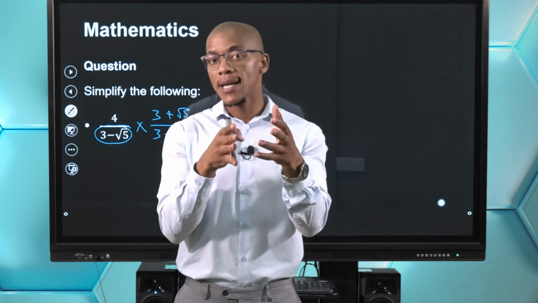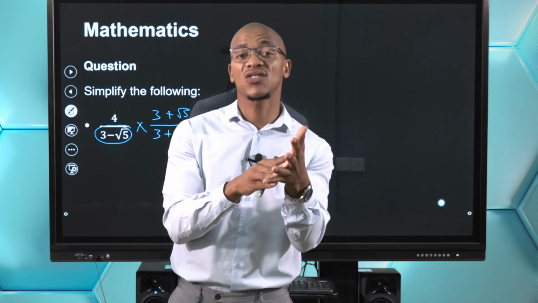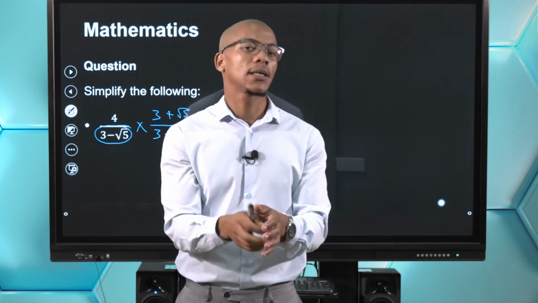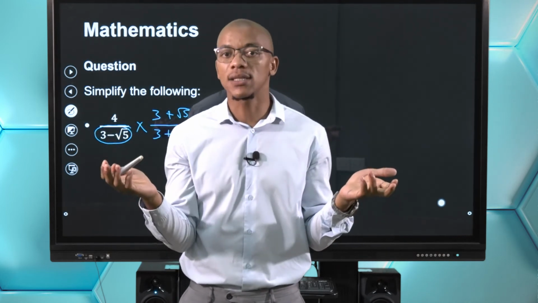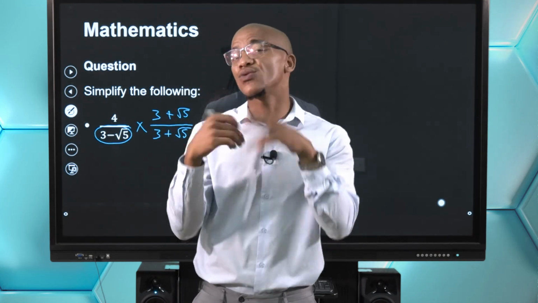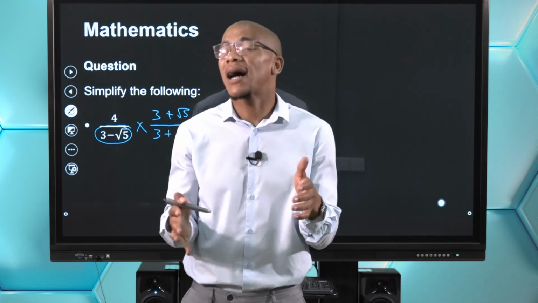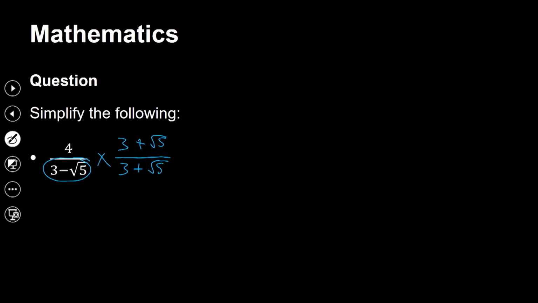If you use the minus, then it means you will still have a radical on the denominator. So I can't do that. The plus is so that I can have a difference of 2 squares. And if I have a difference of 2 squares, this is a perfect square, that's a perfect square, then it gives me no roots on the denominator. But if I use a minus, then it takes it back to having another square root, which I will have to get rid of some other way as well, which will then be a long process. So that's why I'm using a plus here.